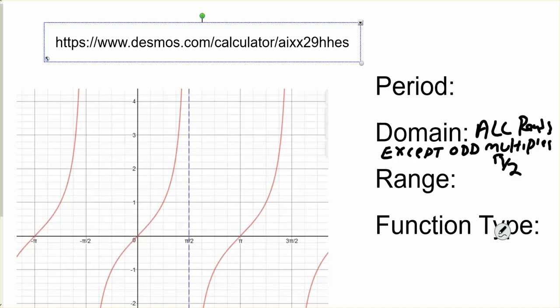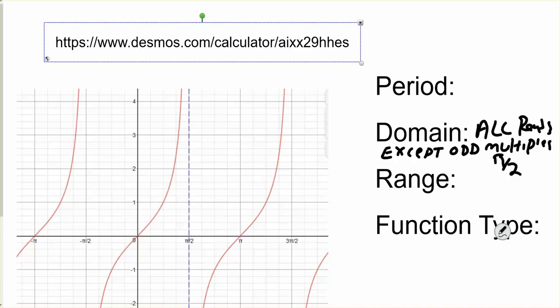It's all reals except for odd multiples of pi over 2. So at 3 pi over 2, at the next one at 3 pi over 2, and then at 5 pi over 2, and at 7 pi over 2, all those odd multiples of pi over 2, you get vertical asymptotes. You can't have that, right? Because that's along the x.